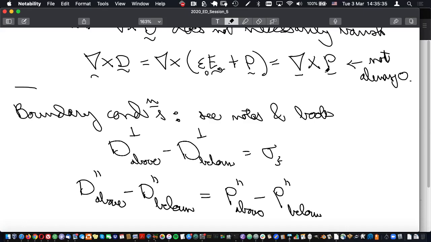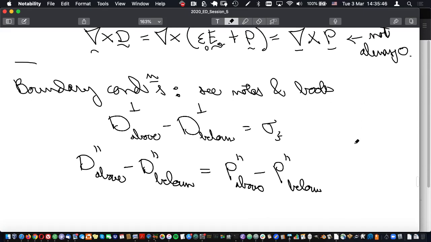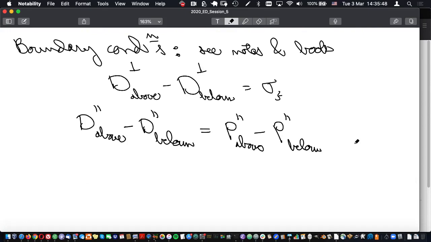If the polarization has a discontinuity, then the displacement has a discontinuity. That's what these things mean. So again, these are just boundary conditions that you would use in various problems to solve. But you can get those things quite easily either from Gauss's law or from Stokes, like we just did.